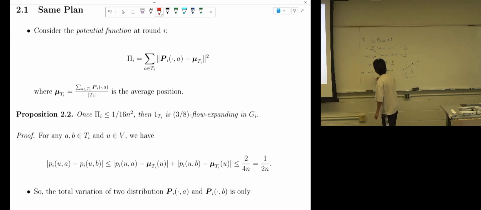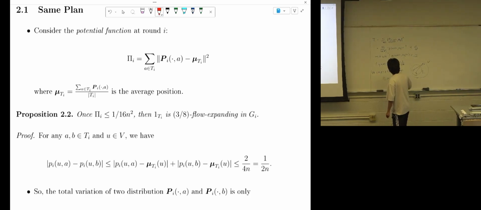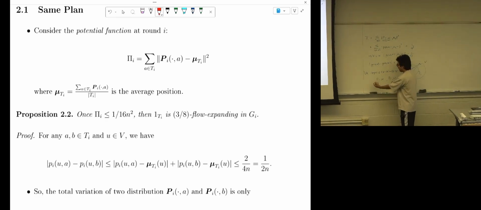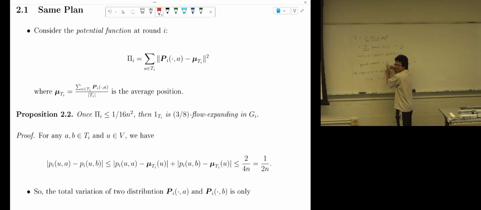If you think of the position of A and the position of B as a distribution, or as a vector, this just says that coordinate wise they are almost the same. For every coordinate u, they are almost the same up to this additive deviation.